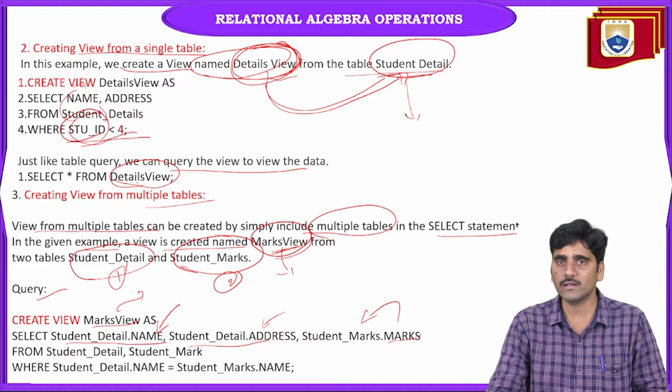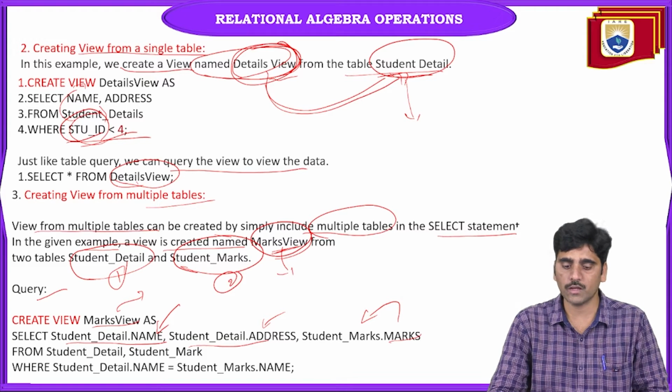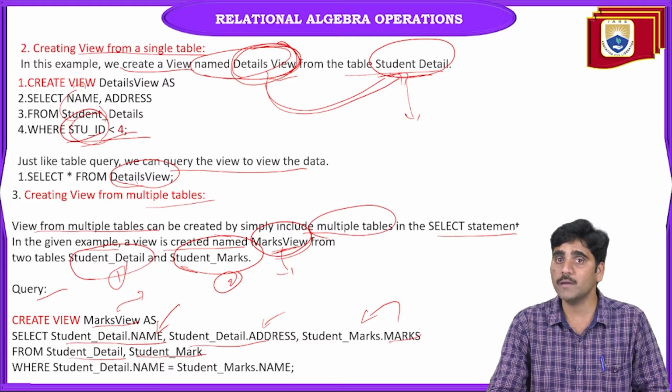So we are showing that we are taking two tables. On these two tables we are going to create the view. Student_details is one table name and student_marks is another table name, where the condition is what? student_details.name equals, the name should be matched between those two tables.